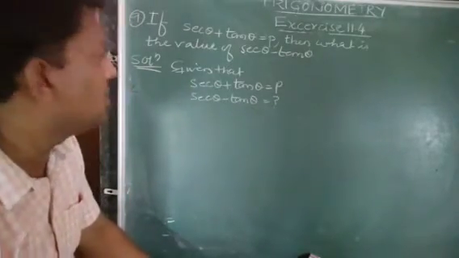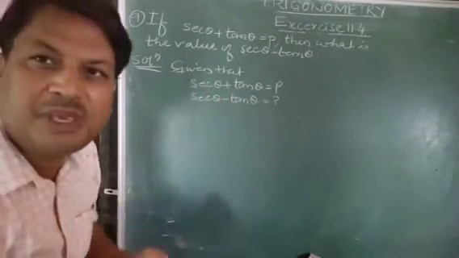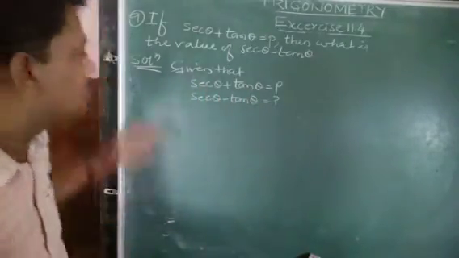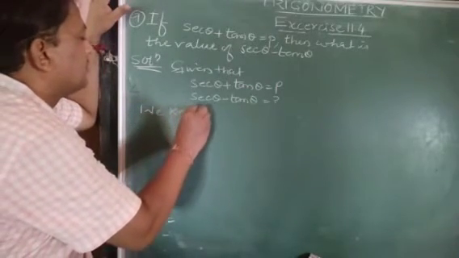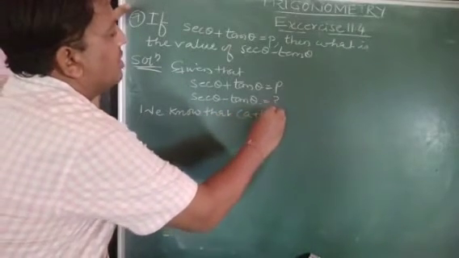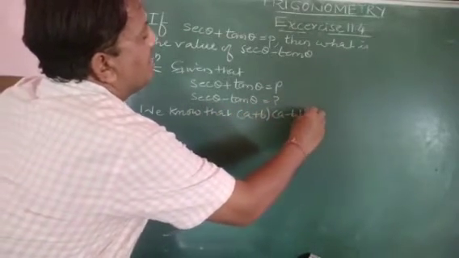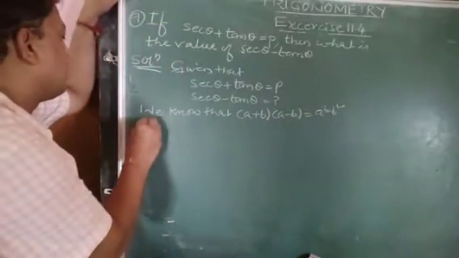No direct relation. Okay, but A plus B and A minus B, is there a relation between them? Yes, we know that A plus B into A minus B is equal to A square minus B square.